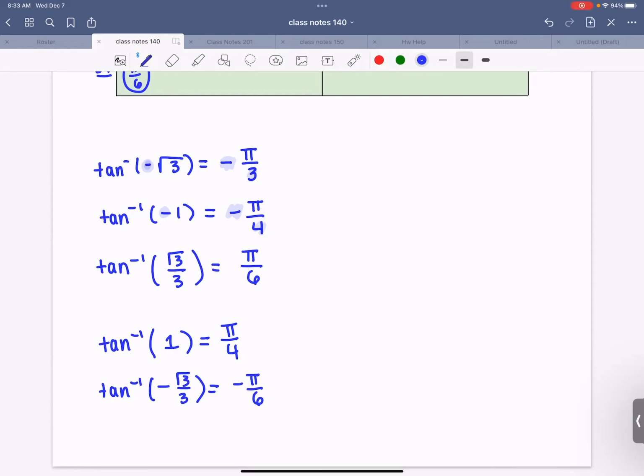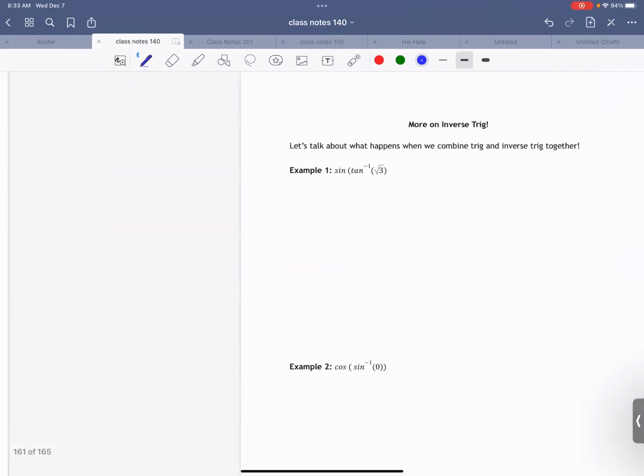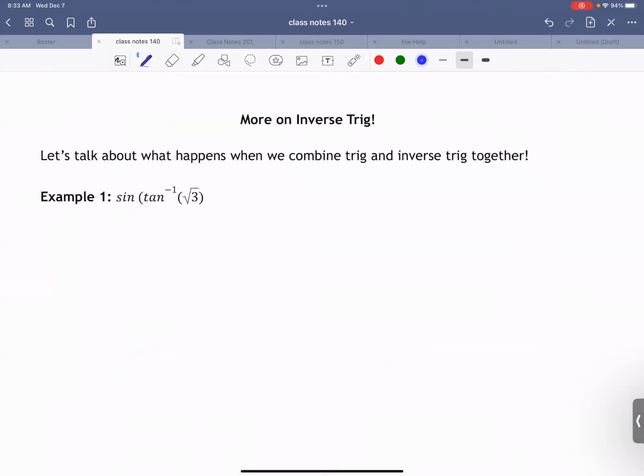All right, I know this looks scary, but it is the last thing on our final. So what we're gonna do is we're actually gonna combine inverse trig together now, okay? So if you ever go into a calculus class, this is something that you're gonna see a lot because composition of functions is very common in calculus, where we stick one function inside of another.